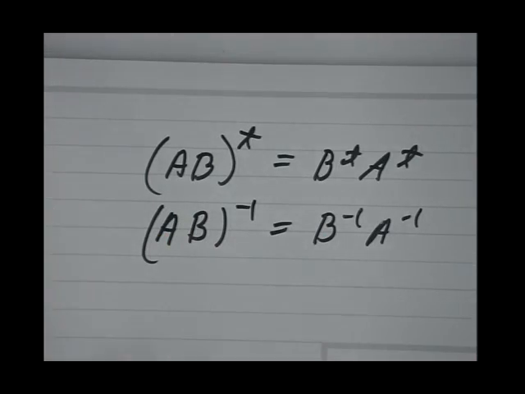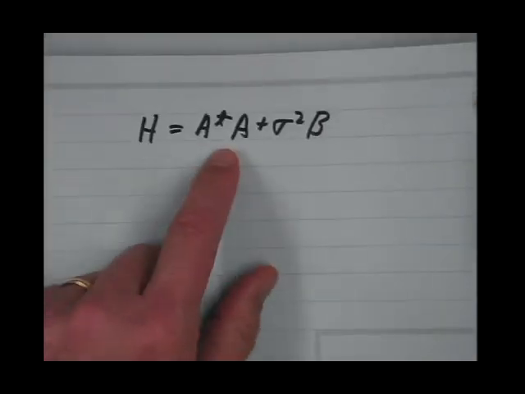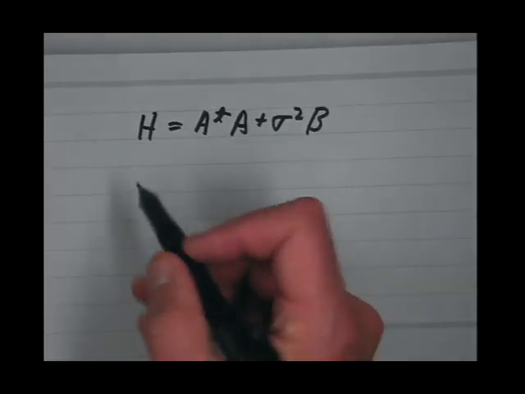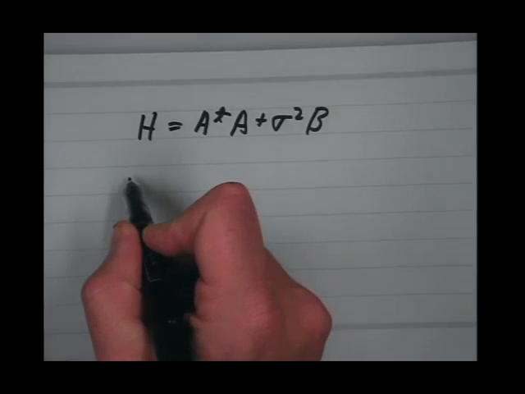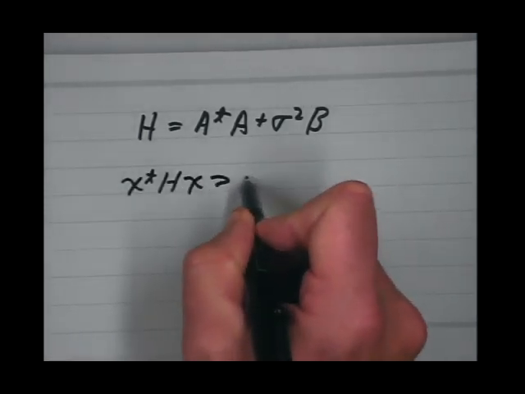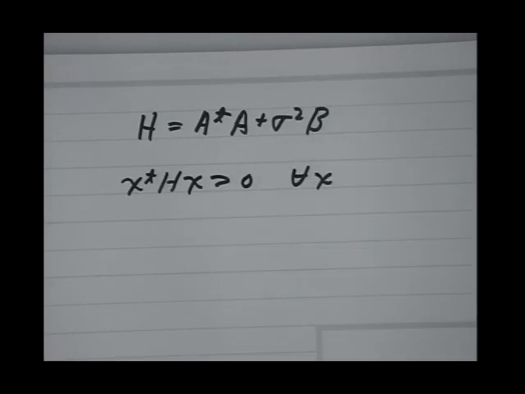Okay, so that's how you apply those. It's generally true. So here, if I took the transpose of H, I get the same thing back. So it's symmetric. It's got to be positive definite. How do I prove that it's positive definite? Well, to prove that it's positive definite, I have to prove that X transpose HX is greater than 0 for all nonzero X, right? That's the definition of positive definite.